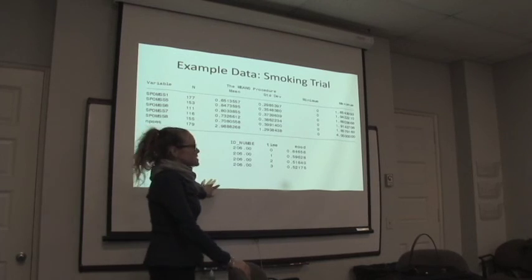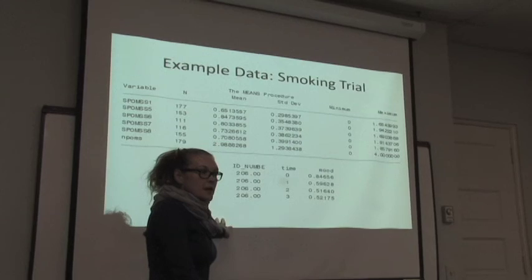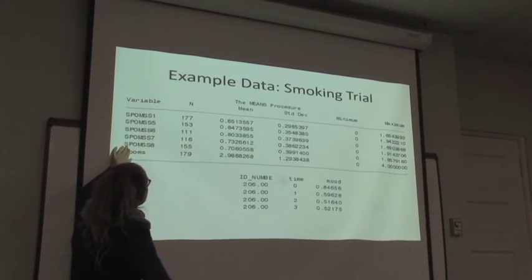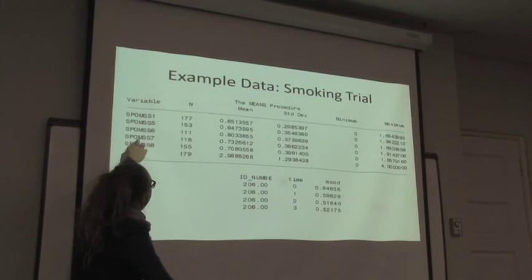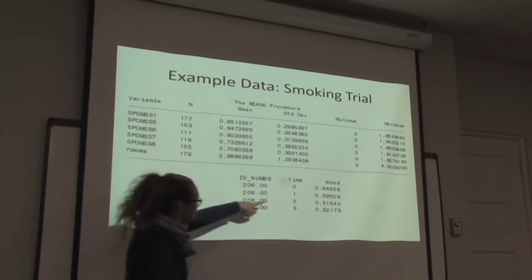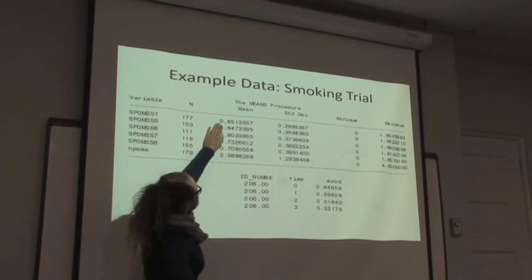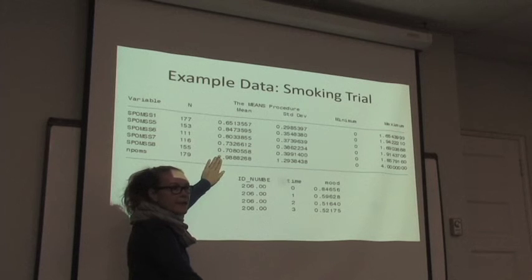So here's an example of looking at change descriptively. It's not a plot, it's a table. This is their profile of mood state scores over the 4 time points. It says 1, 5, 6, 7, 8, but it is 0, 1, 2, 3. So even just looking at this, do we think we have a linear change in their mood state in this smoking trial?